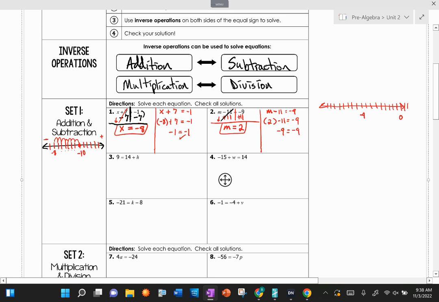So I would put 9 on my number line, and then it's always adding value over that thing. I'm trying to figure out 9 minus 14. You gotta get rid of that so the opposite is 12.